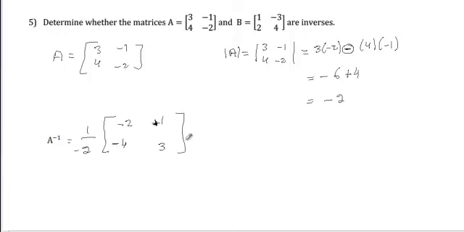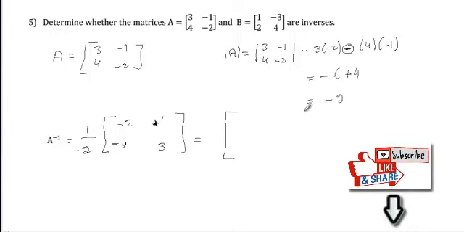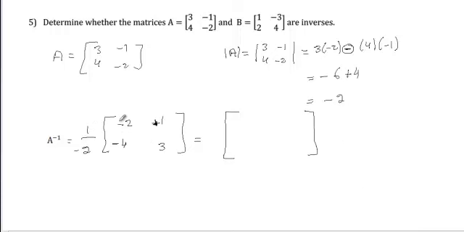Now we can perform the calculation. We multiply the number outside the matrix by all numbers inside the matrix. So 1 over minus 2, we multiply it by negative 2, you get minus 2 over minus 2, which is 1. We multiply 1 times 1 over minus 2, you get minus 1 over 2. We multiply minus 4 by 1 over minus 2, which is minus 4 over minus 2, which is 2.